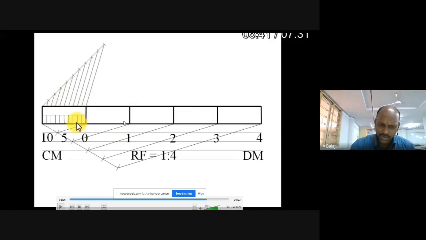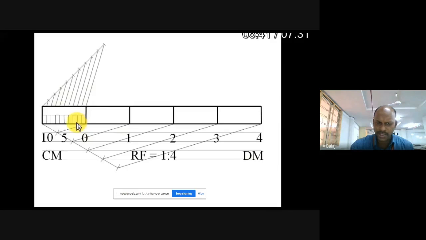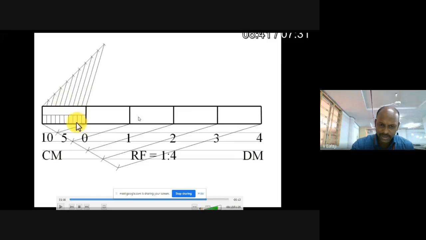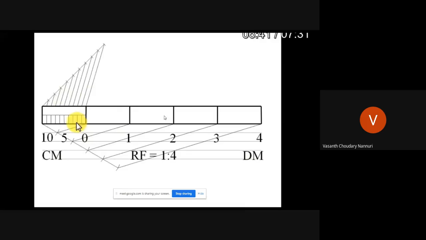Can you mark 1 decimeter 2 centimeter? Sir, can't we do it by directly drawing an inclined line and then dividing it into 10 parts?